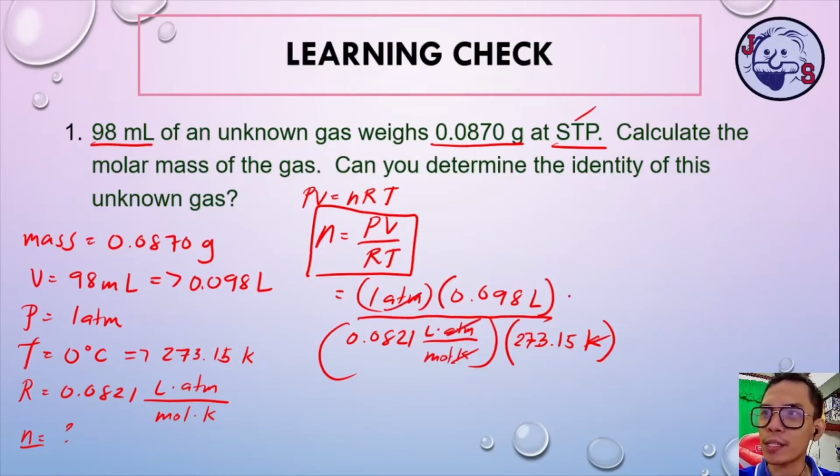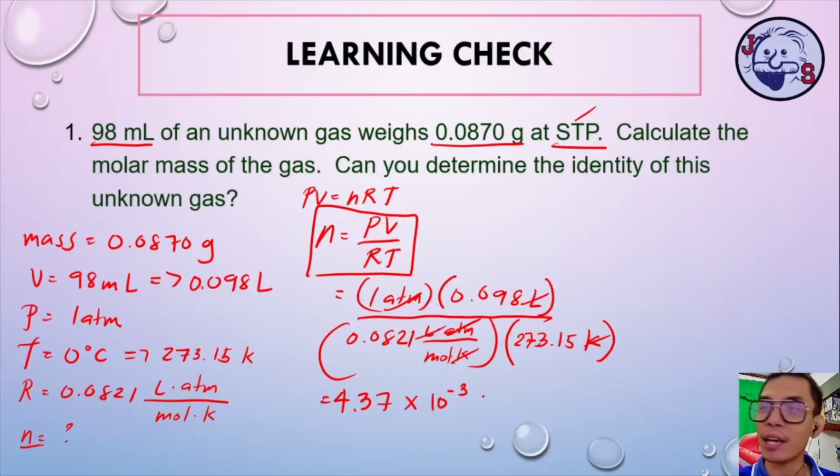Atmosphere is canceled and liters is also canceled. So 0.0821 times 273.15 gives 22.42256, and 0.098 over 22.42256 gives the answer, 4.37 times 10 to the negative 3.